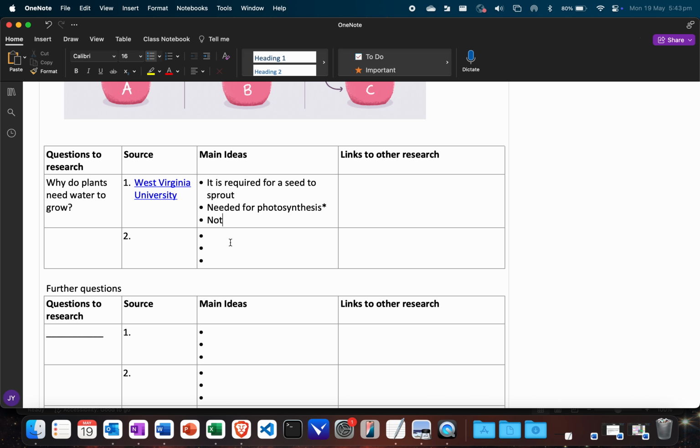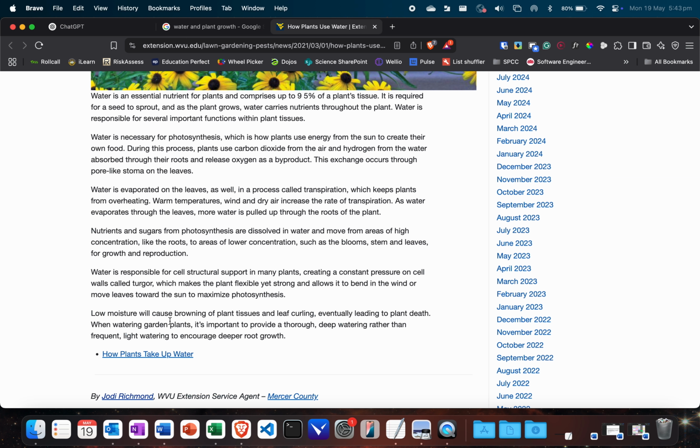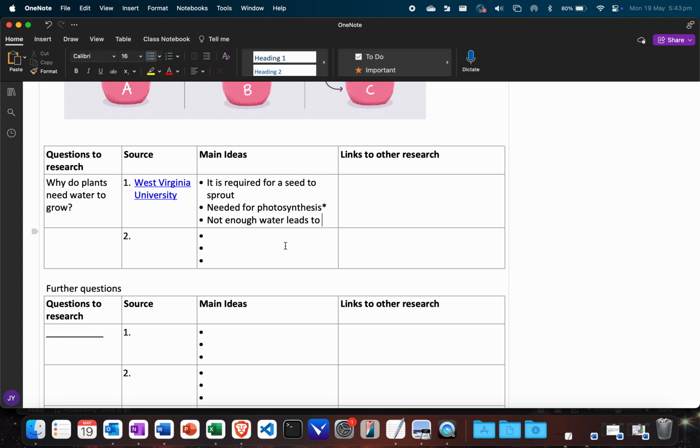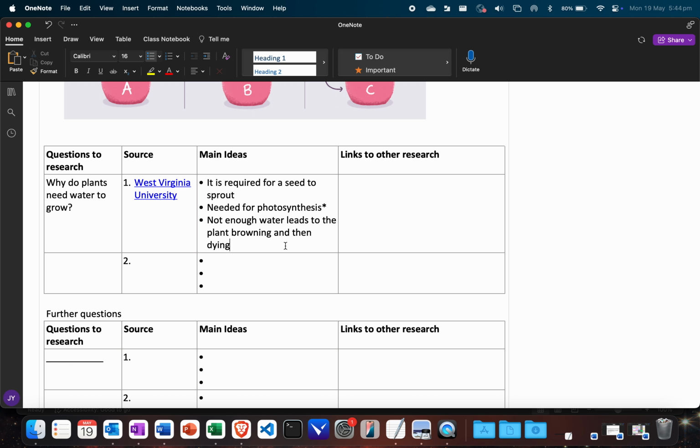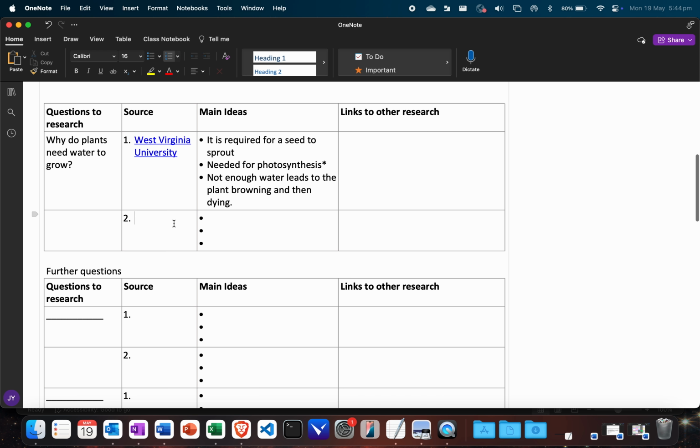Okay, so not enough water leads to, what did they say? They said that the plant browns and then it eventually dies. Okay, so it leads to plant browning and then dying. Okay. All right. Let's look for another.